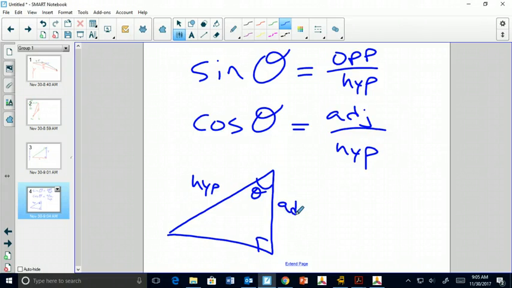So in this case, this would be my adjacent, and this would be my opposite. But if I knew this guy, are you comfortable? Hypotenuse stays the same. It's always opposite the 90 degree. But now this becomes my opposite, and this becomes my adjacent. Cobwebs coming back. Oh, yeah, I know this stuff, right?